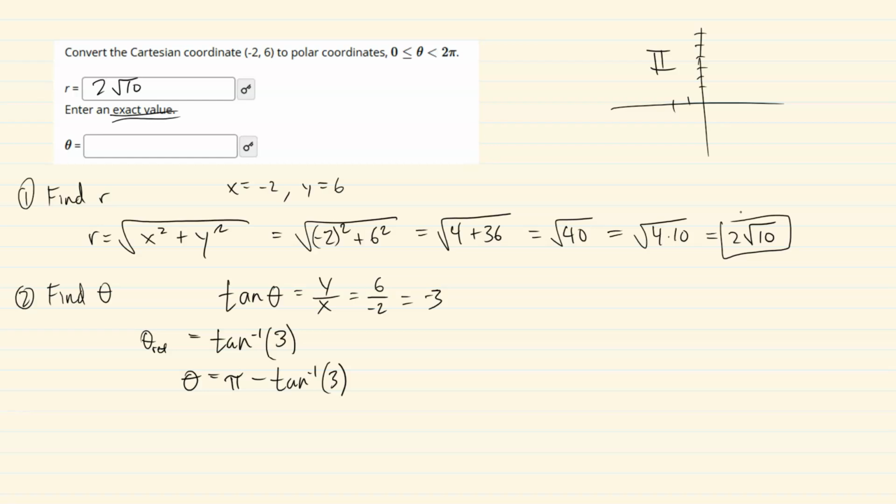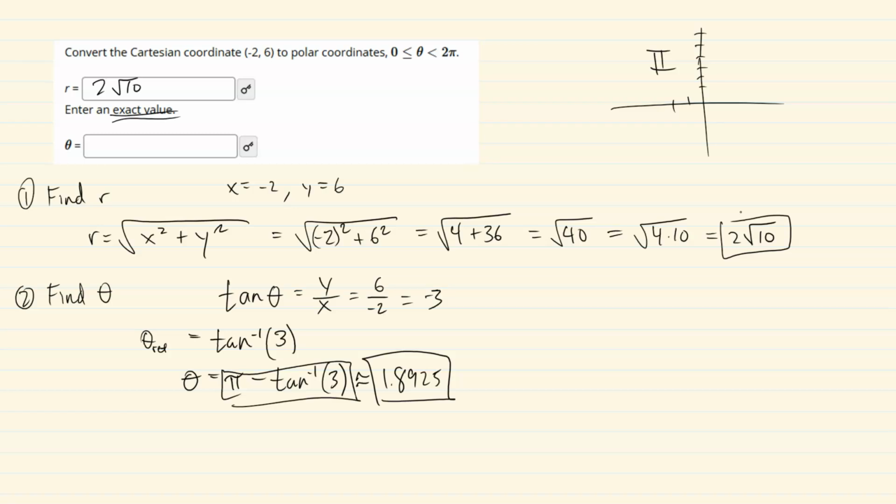That is the exact solution, but the problem doesn't ask us for the exact solution. So since it doesn't, we can put this into our calculator, and that will end up being approximately 1.89, or a couple more decimals, 1.89 or so, either one.